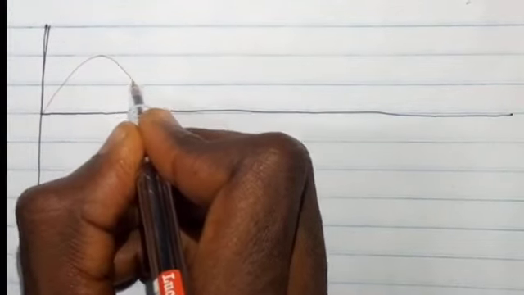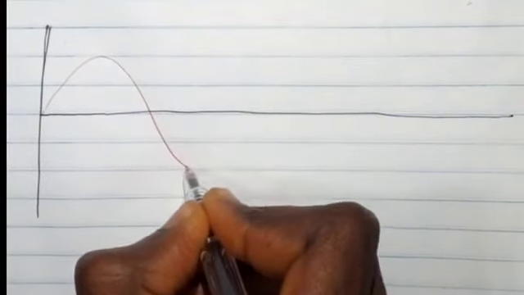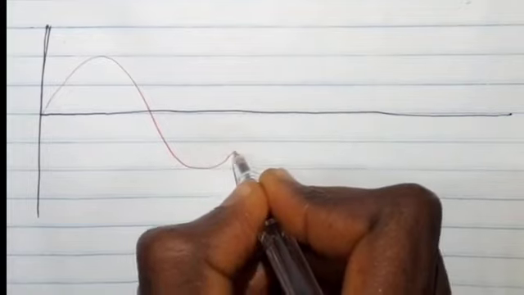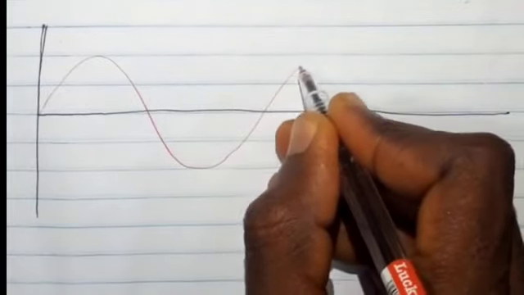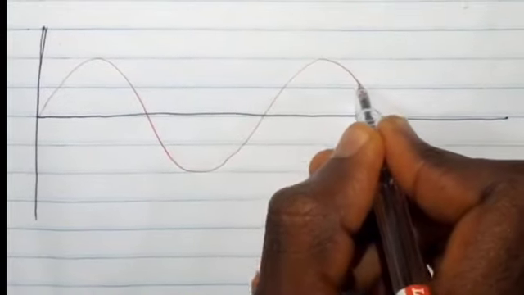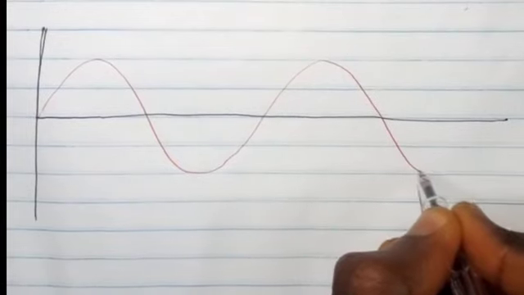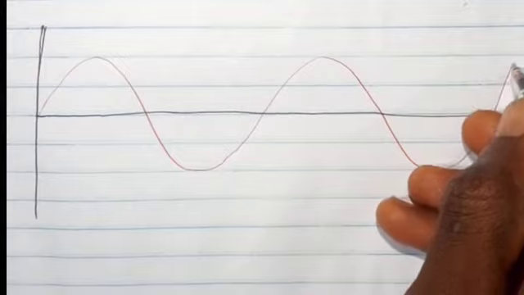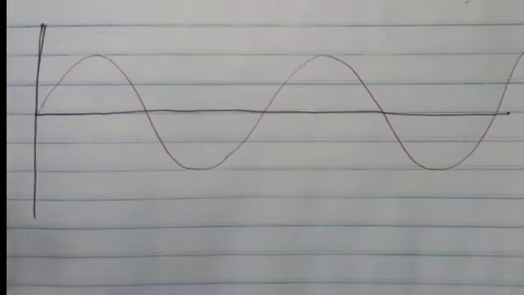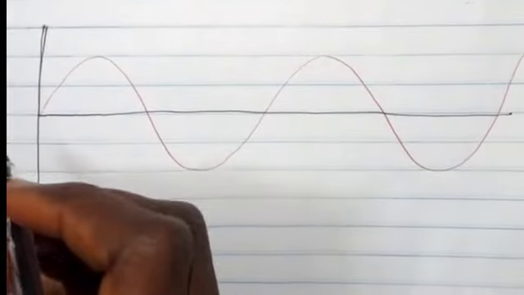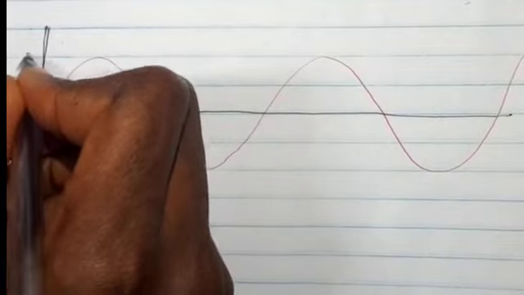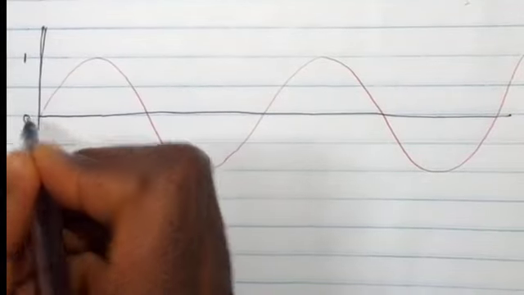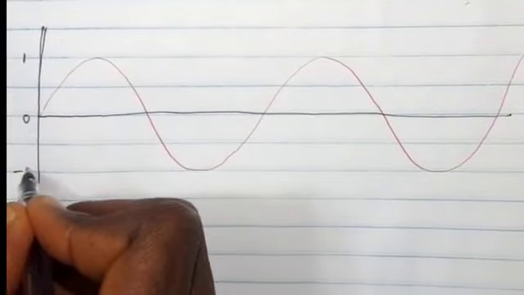So for the sine graph, it starts from the origin and reaches the upper amplitude, then reaches the lower amplitude, again and again in the form of a wave graph. Now the upper maximum amplitude is 1, the origin is 0, and the lower is -1.